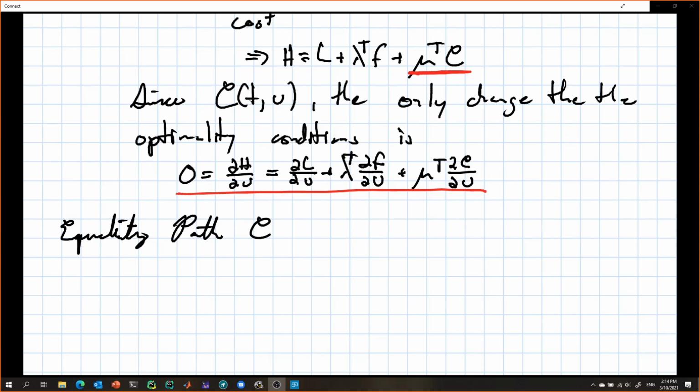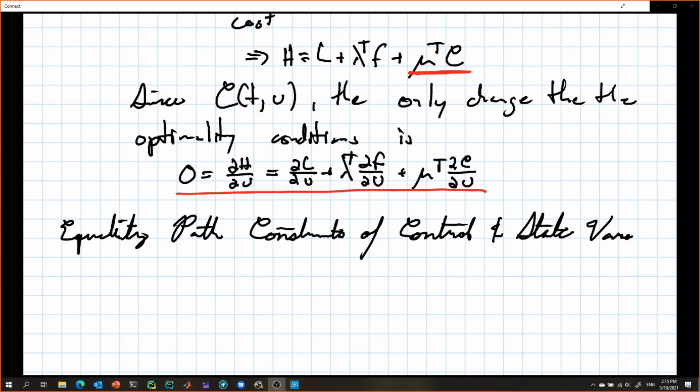But we have equality path constraints of control and state variables.